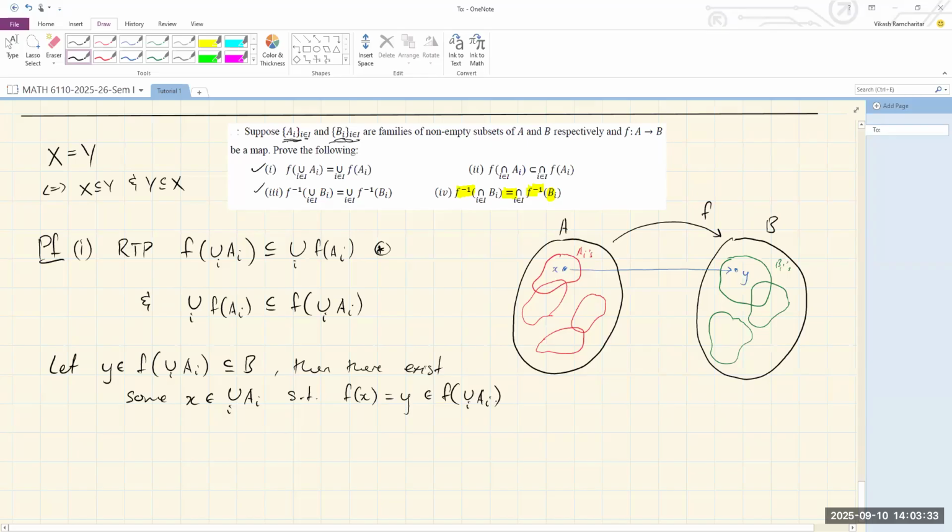So far I've just used the definition that f is a function. If I have a value Y in the set, then there must be something that maps onto it. Why must there be something that maps onto it? Because they say that these sets are non-empty.